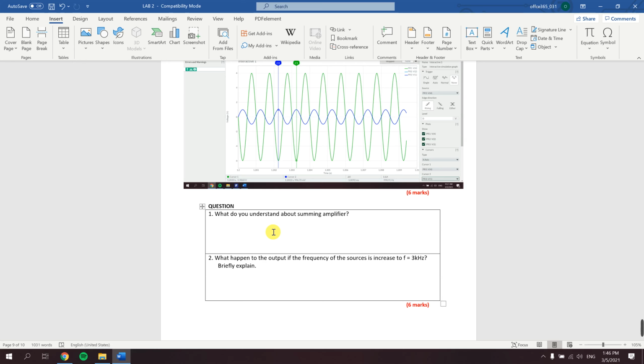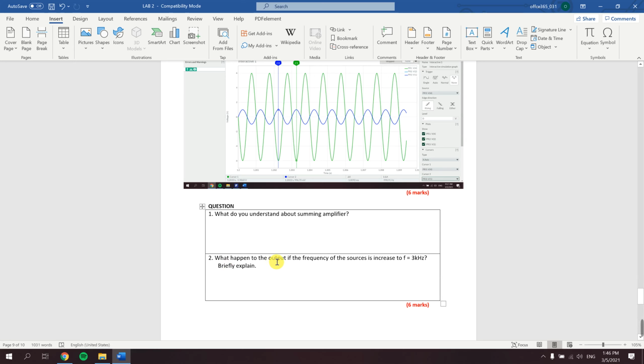If we don't use unity gain, we have to use the formula given just now: RF over the R value times V in, which means gain times the voltage, to get the voltage value that we will add up later on.